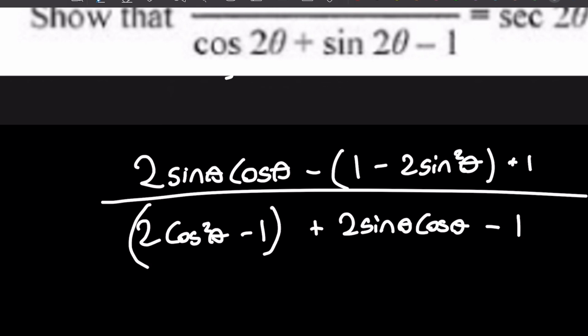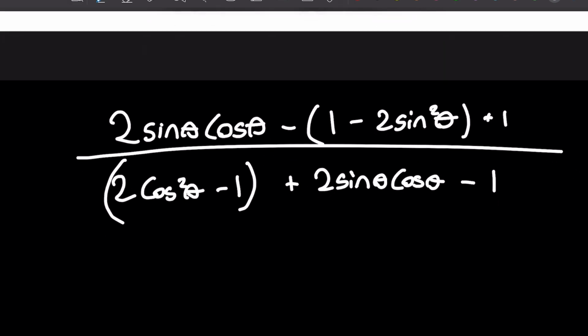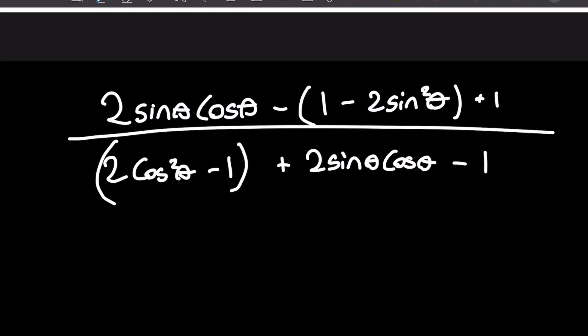If you don't remember that, please go back in the video. I have timestamps in the description, and you can go back and look at them, write them down in your notebook or whatever, and keep it there so you can actually use it. Now let's actually work this out. So we have 2 cos squared theta minus 1 plus 2 sin theta cos theta minus 1 on the denominator. So there are 2 minus 1s here, so we can actually work with them.